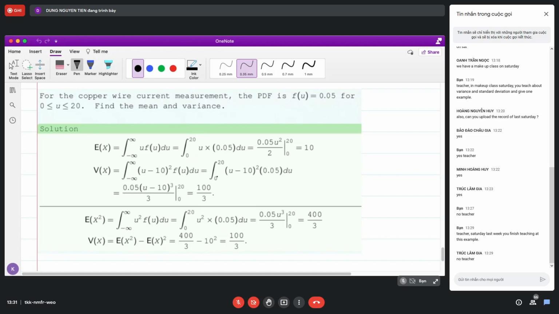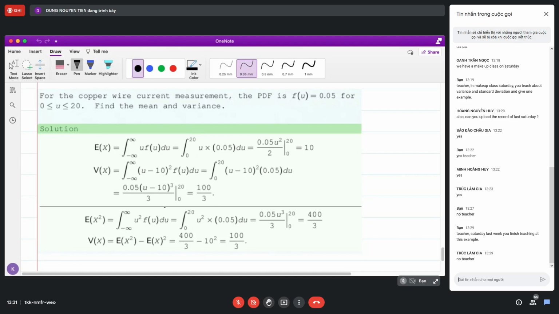So you get the integral from 0 to 20 of (u minus 10) squared times 0.05, where 0.05 is the function f of u within the interval 0 to 20. Then you can integrate by using the calculator, or do the calculation by yourself, to get 100 over 3.